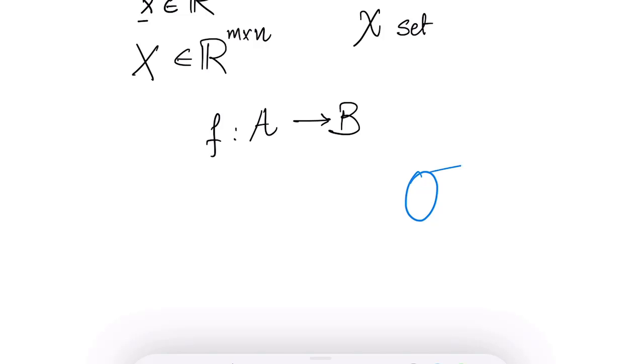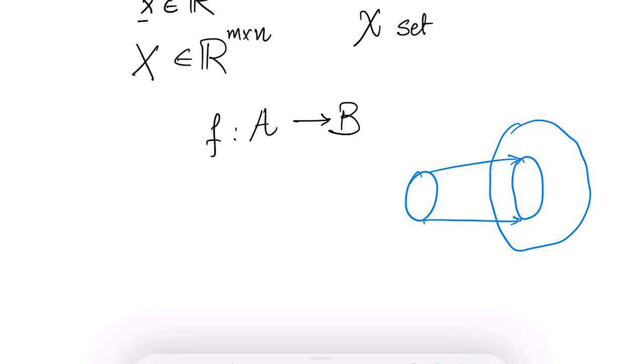Then from this domain, it goes to a certain set which is called the image of the function. And then the superset of this is the codomain. So this is the codomain. This is the domain, and this one is the image, right?